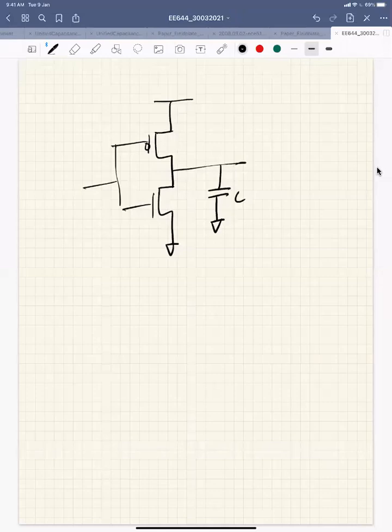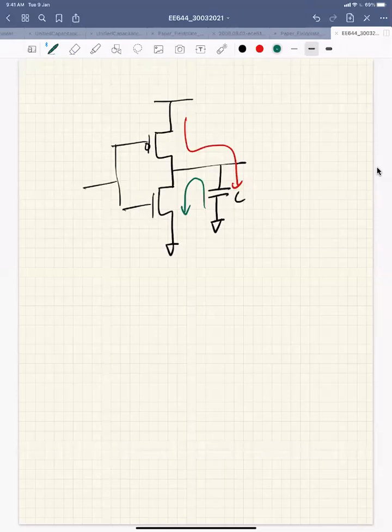In one case it is through the PMOS transistor, and in the other case we discharge the capacitor through the NMOS transistor. But we want to equate these currents. We want these currents to be the same, right? In one case we charge, in the other we discharge, so these two currents should be the same.